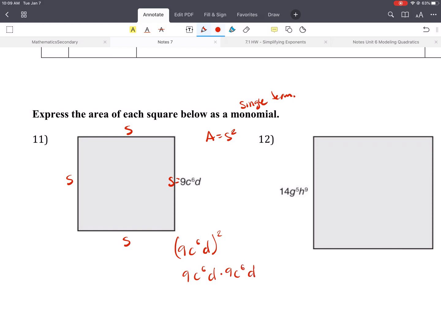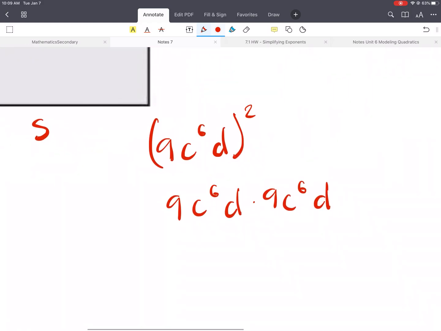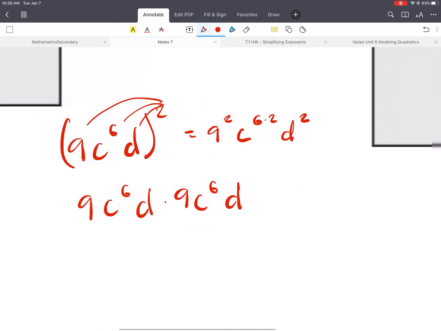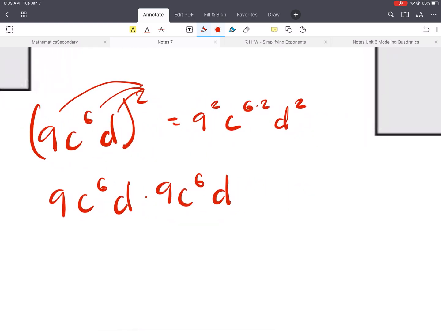Okay, so we could do this either way. Here, everything at the top we could just distribute. We could say that would be 9 squared c to the 6 times 2 and d squared. Or if you wanted to expand like we did here, you'd end up getting 9 times 9. Well, that's 9 squared.